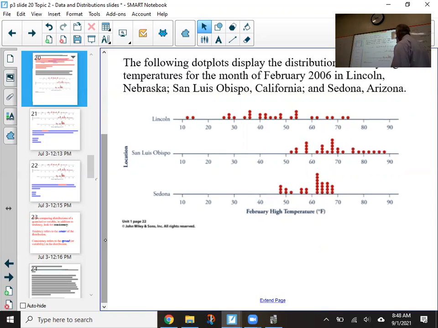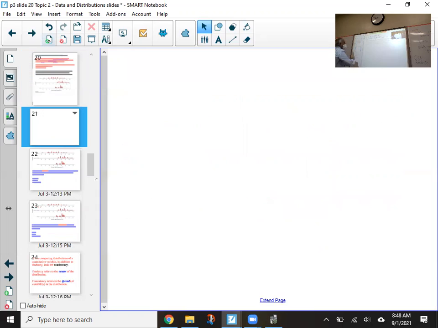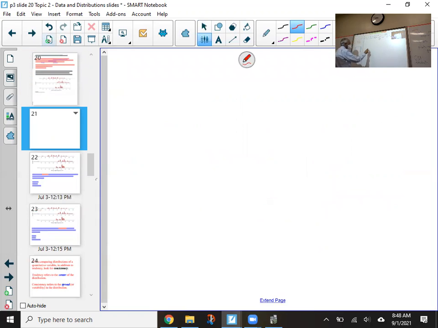So really what we're looking at here is 3 separate groupings of data. I'm going to write this for you. You can put this on the board if you want. If I was making a table here, I'd have February 1, 2, 3, 4, dot, dot, dot, all the way down to 28.